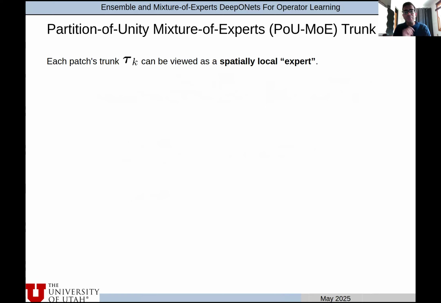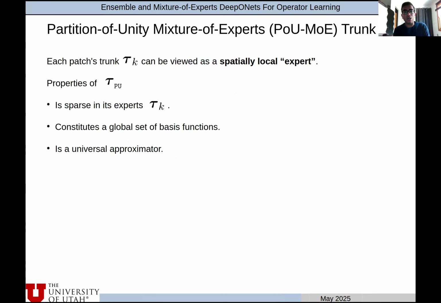Now, each patch's trunk neural network can be viewed as a spatially local expert, which means that the whole global partition of unity mixture, the POU MoE trunk, has certain advantages that a normal global trunk neural network does not have. First, because of the compact support of the Wendland functions and the way it weights each of those trunk neural networks, each of the, for example, 6 individual trunk neural networks only contributes to the points in its domain.